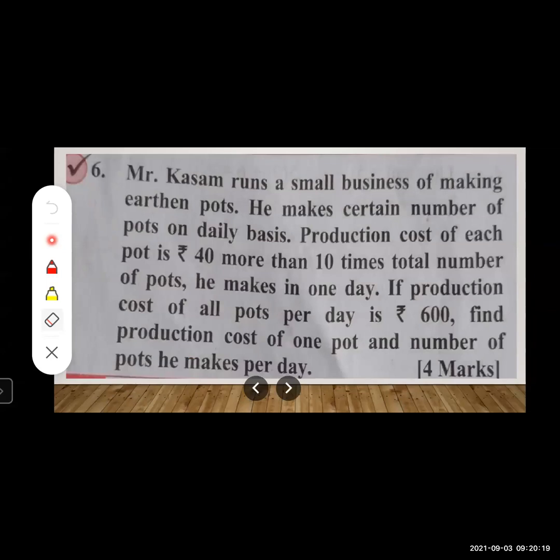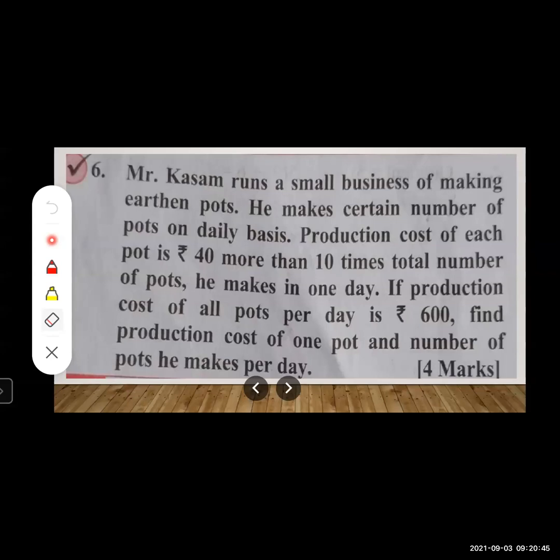Now we are reading sum number 6. Mr. Kasam runs a small business of making earthen pots. He makes a certain number of pots on a daily basis.